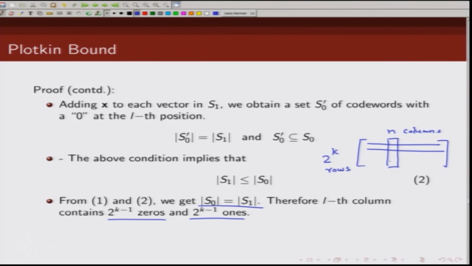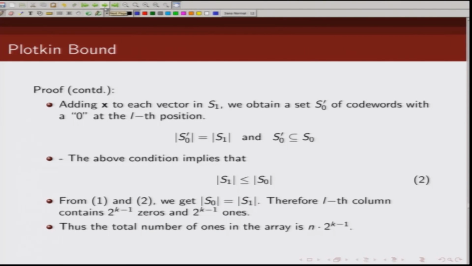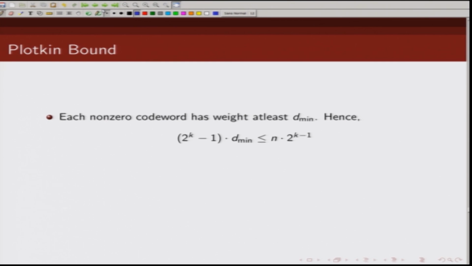So, the total number of ones is how much? n times 2^(k-1). What we have shown so far is that the number of ones in this array is n into 2 raised to the power k minus 1. Now, what was this array made of?